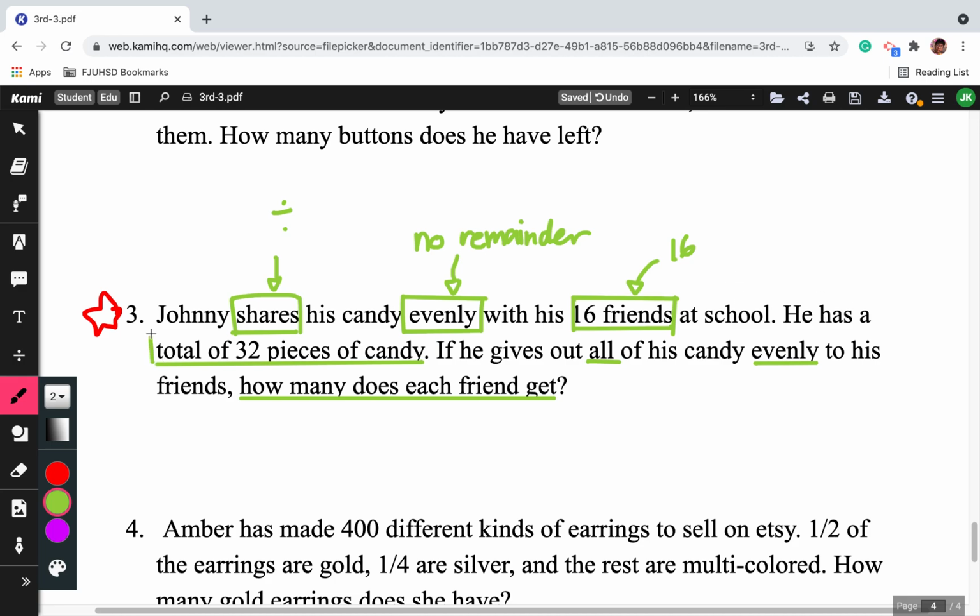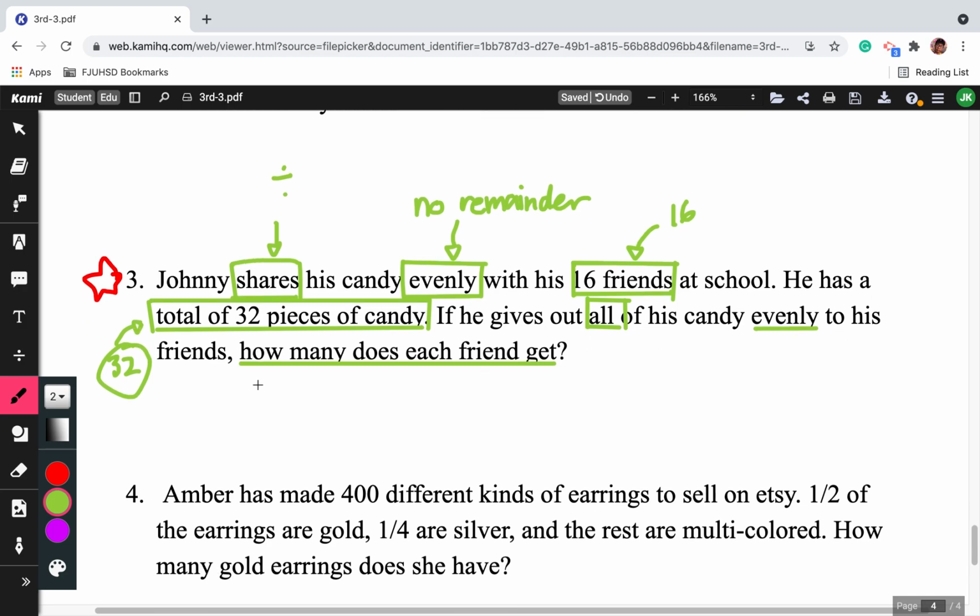And he has a total of 32 candy. If he gives out all of them, we have to use this number evenly to all his friends. How many does each friend get?